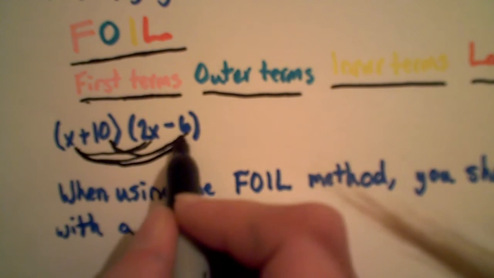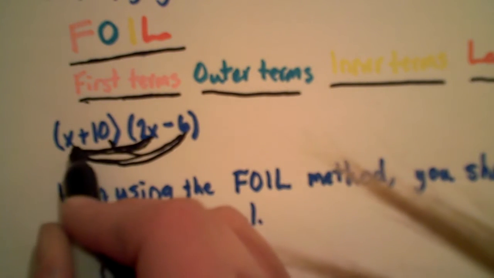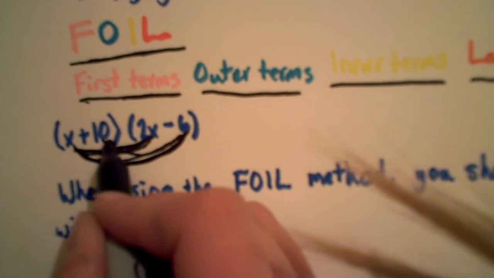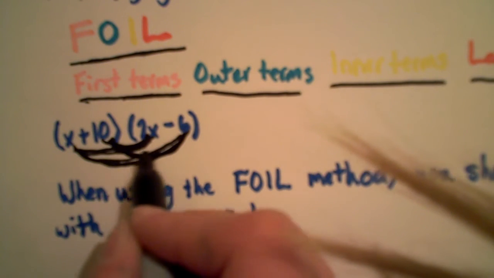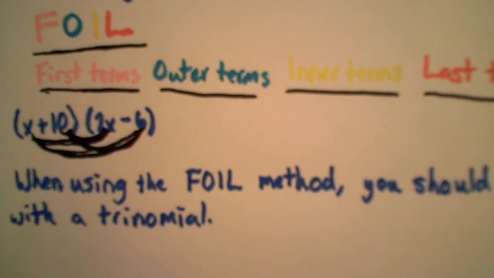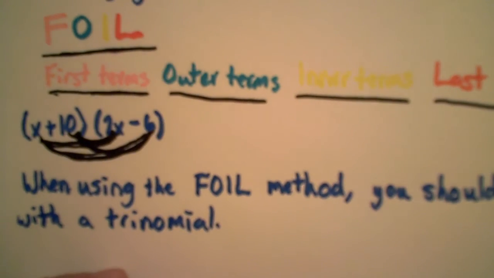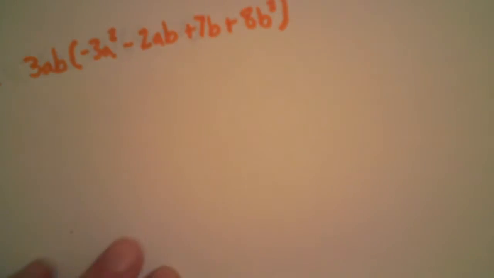The first terms multiplied by each other, the outer terms, the inner terms right here, and the last terms. And it is important to remember that when you're using the FOIL method, you should end with a trinomial if you've done everything correctly and simplified it appropriately.